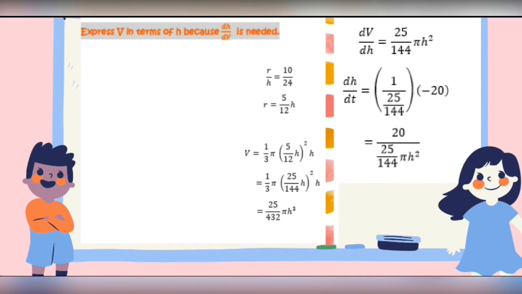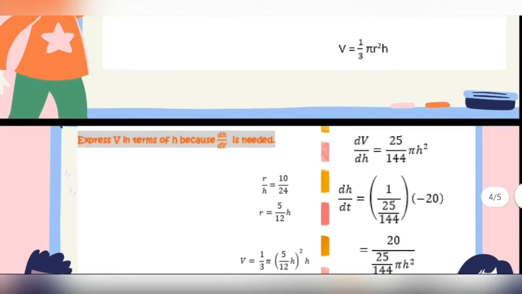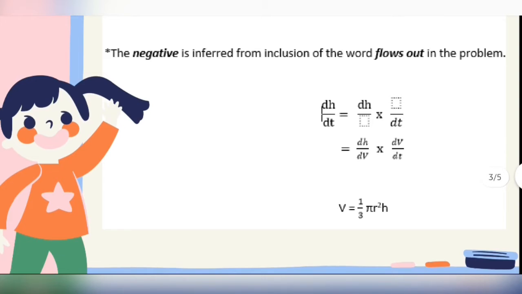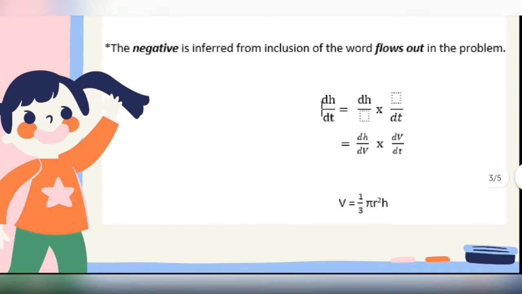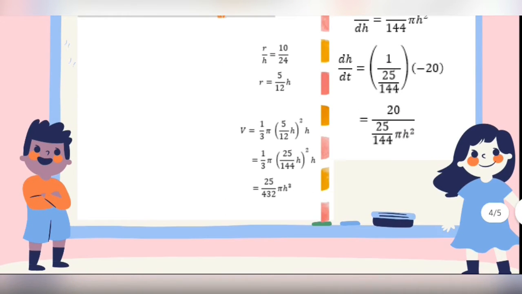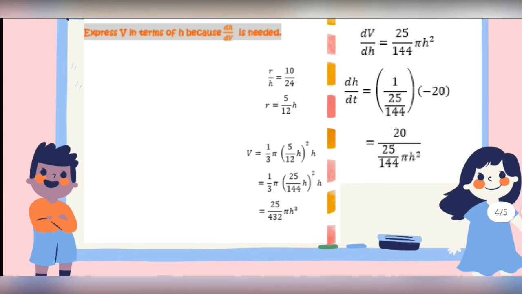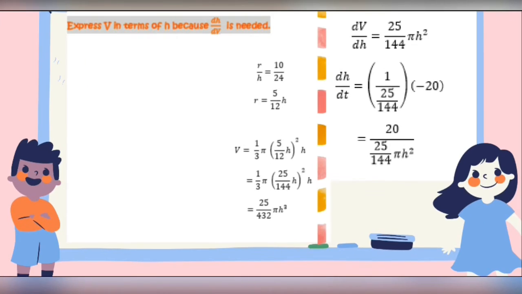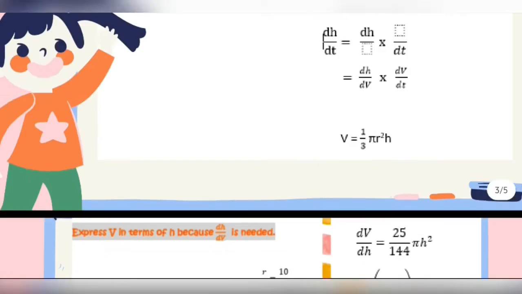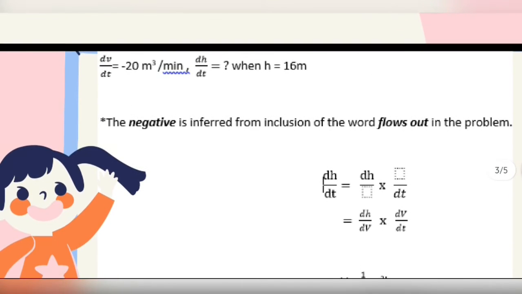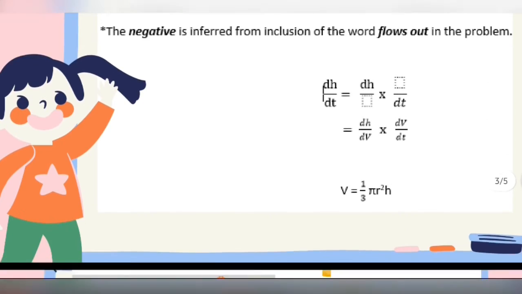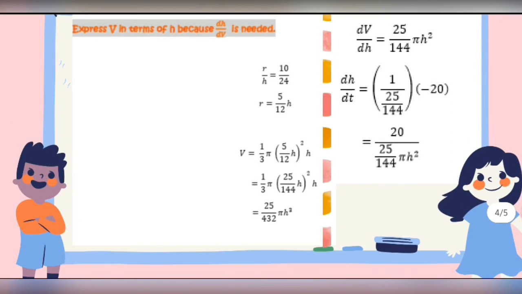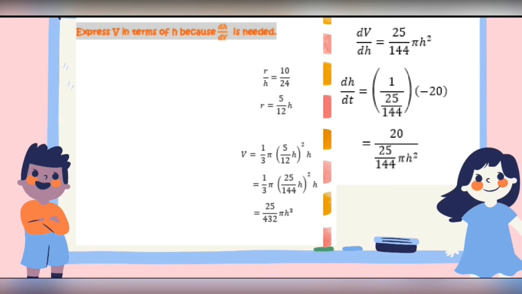So in this question, we already have dV/dh, but in the previous slide, all we need is dh/dV. Therefore, we need to invert it and it will become 1 over 25 over 144 pi h squared, times negative 20 cubic meters per minute, which is dV/dt, and we will get negative 20 over 25 over 144 pi h squared.